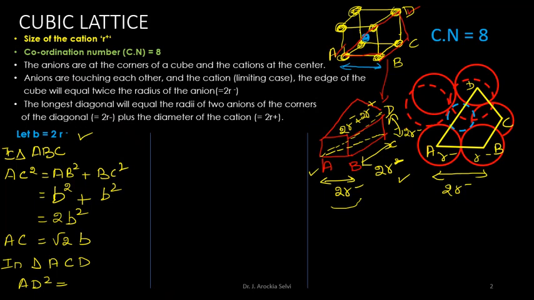AC we know already, so AD square is equal to root 2 b, squared, plus CD square. From the diagram, CD is the edge length, 2r minus, which we are taking to be b, so that will be b square.